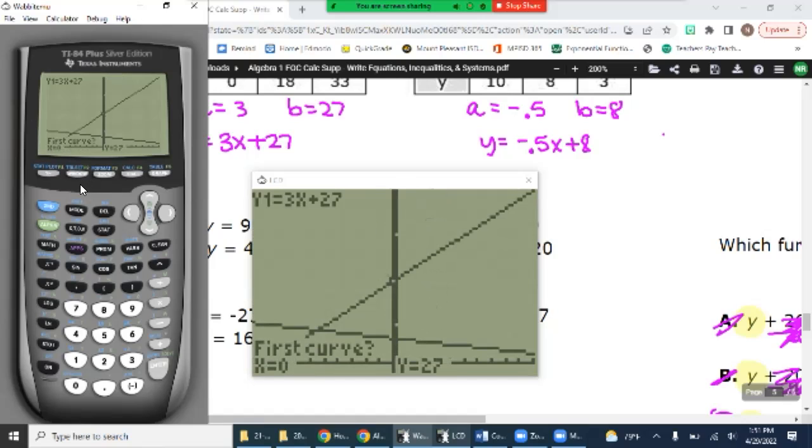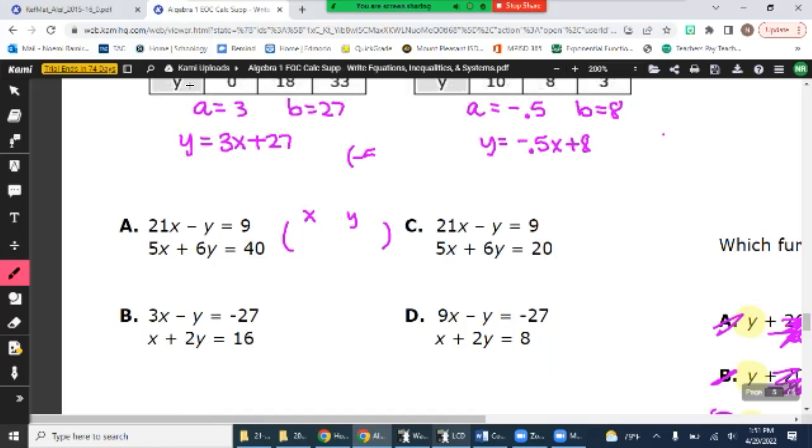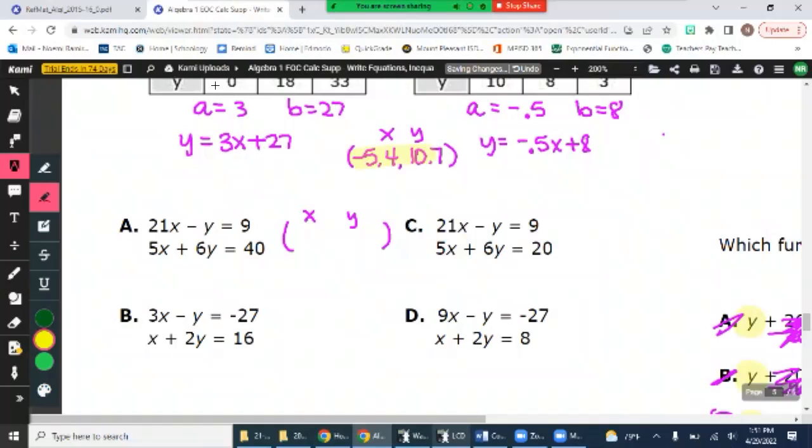Number 5. And there's my point of intersection. So negative 5.4 and 10.7. So this is where those 2 lines intersect.